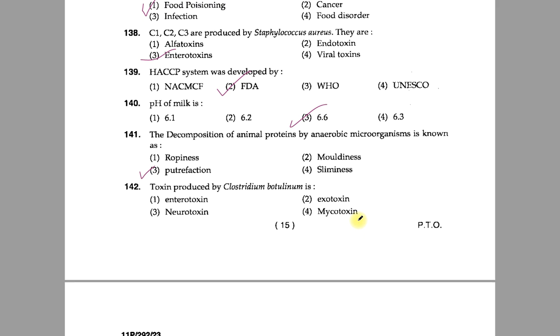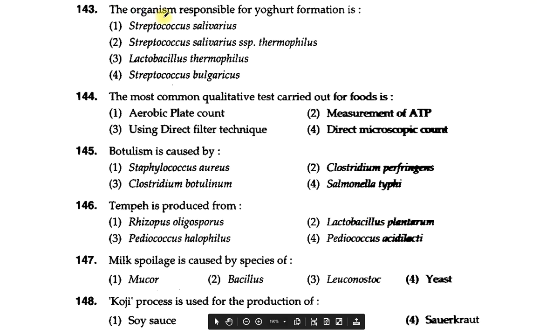The correct one is the 3, neurotoxin. Question 143. The organism responsible for yogurt formation is 1. Streptococcus salivarius, 2. Streptococcus salivarius species Thermophilus, 3. Lactobacillus thermophilus, 4. Streptococcus bulgaricus. The correct one is Streptococcus salivarius species Thermophilus.